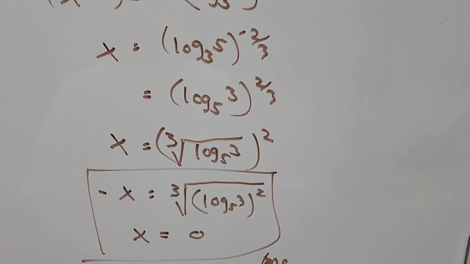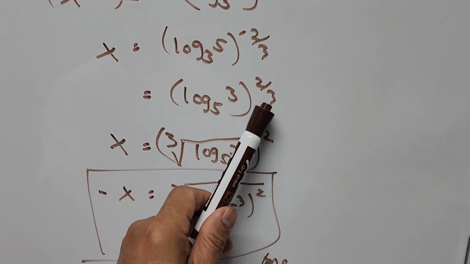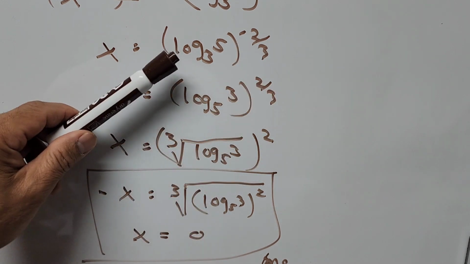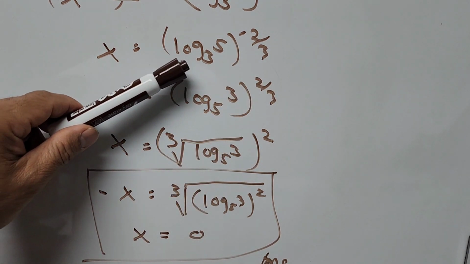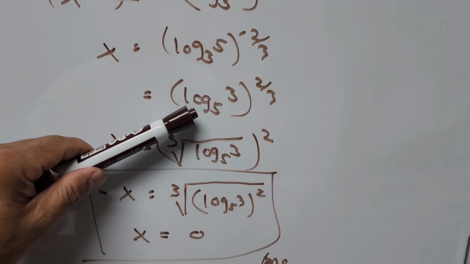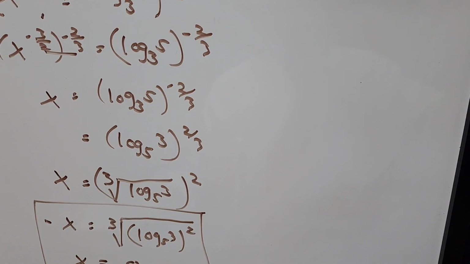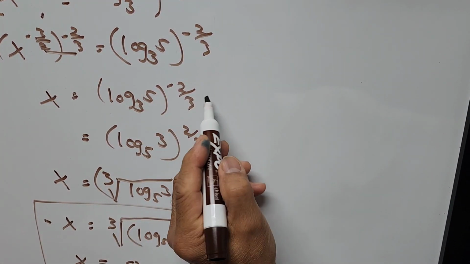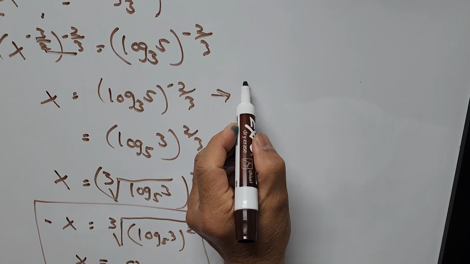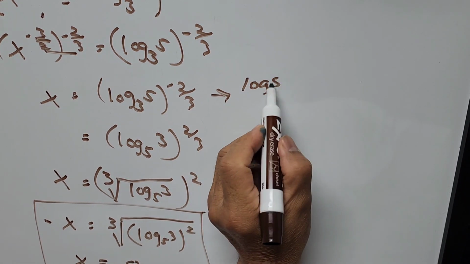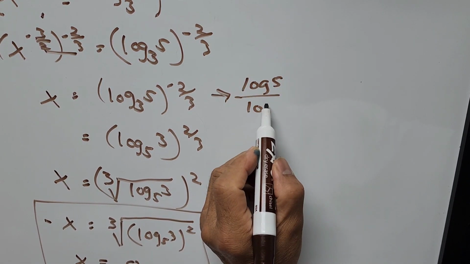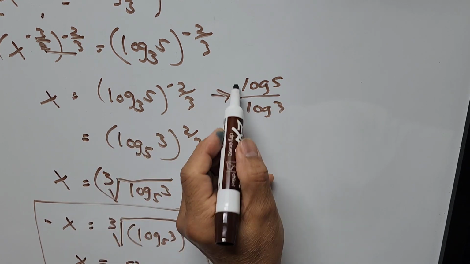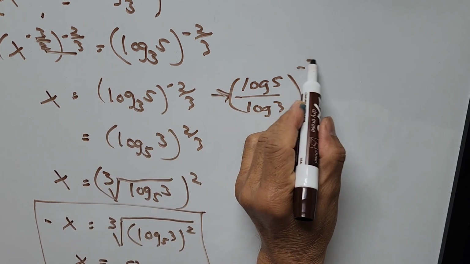Going back to part of our solution, how did I arrive at this positive exponent from the negative exponent, and the log base 3 of 5 flipped to log base 5 of 3? This one right here is log of 5 divided by log of 3, with exponent negative 2/3.